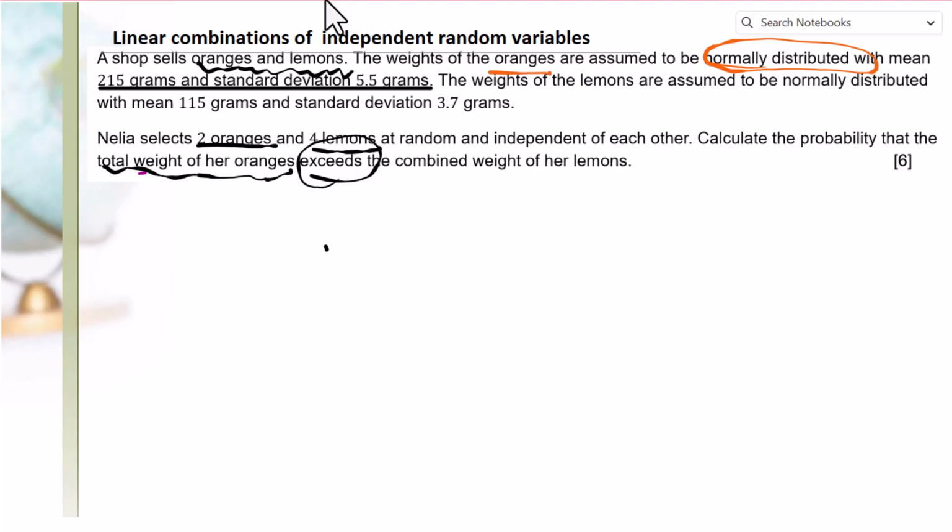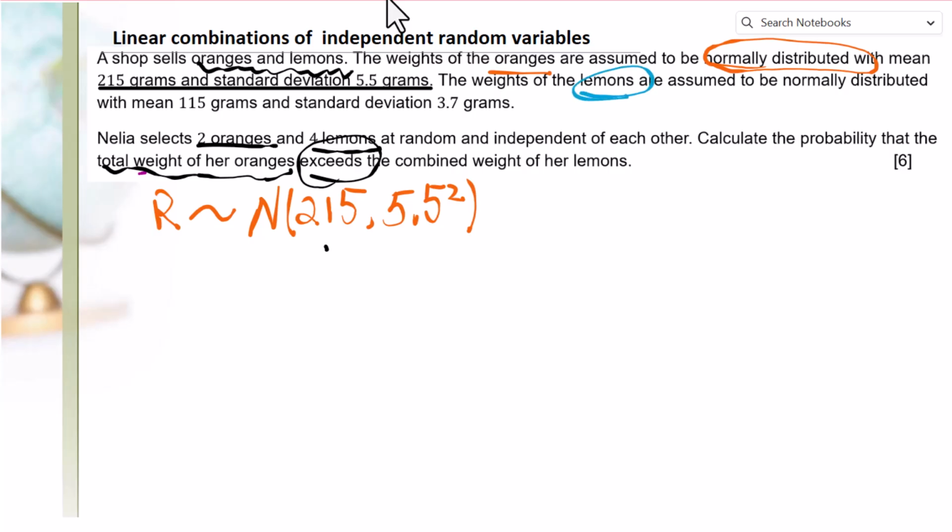For orange, we will use R follows normal distribution with mean 215 and a standard deviation 5.5. For lemons, we will use variable L follows normal distribution with a mean 115 and a standard deviation 3.7.